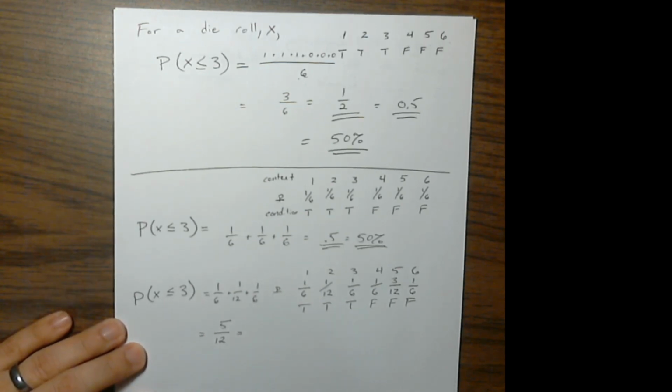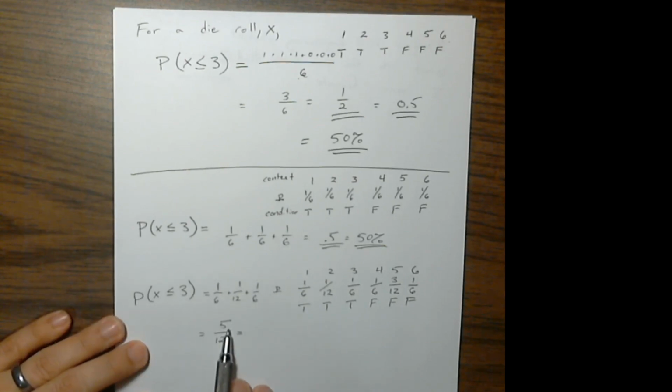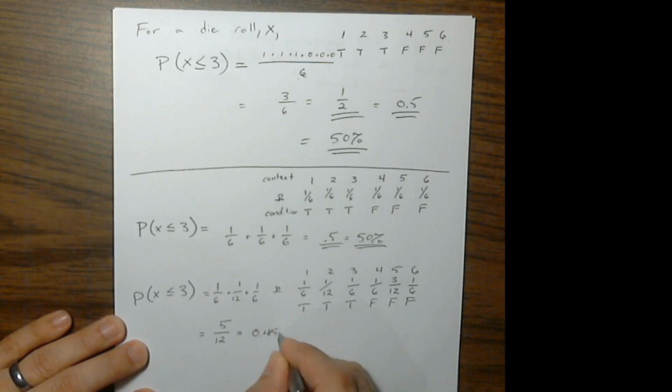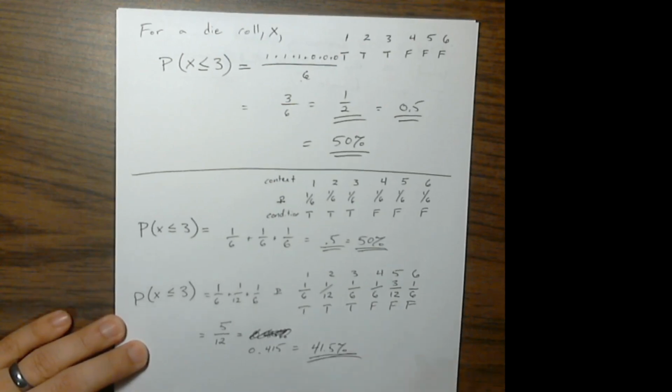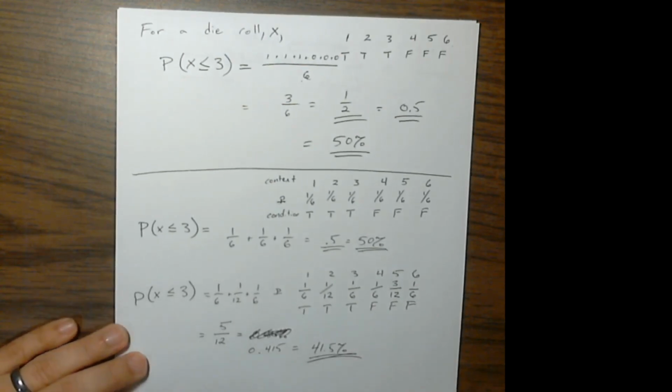A 12th is about 0.083, so that should be about 0.415-ish. Let me write that nicely. 0.415, about. 41.5%. Pretty sure I got that right.